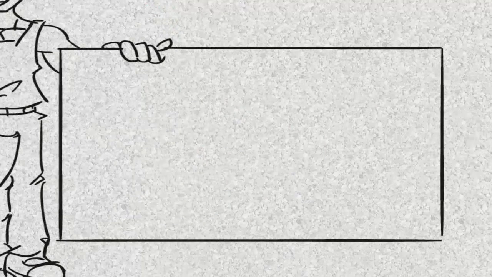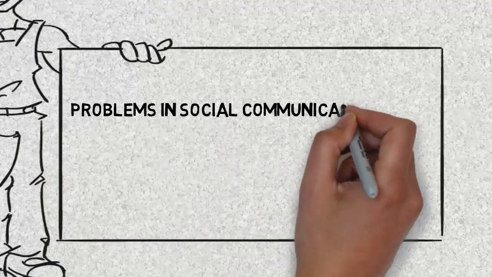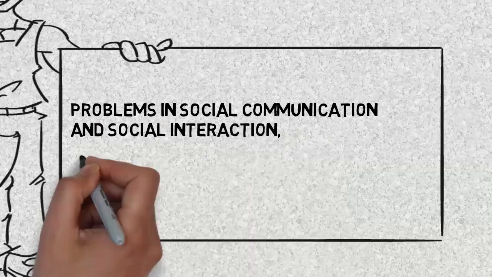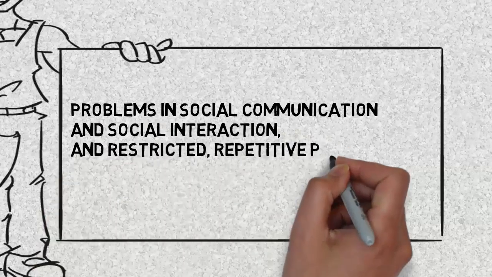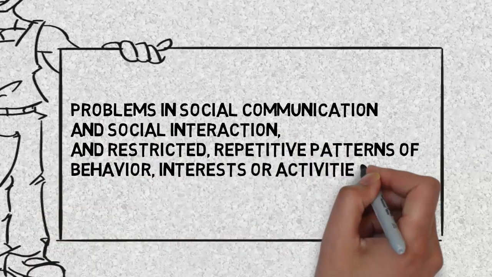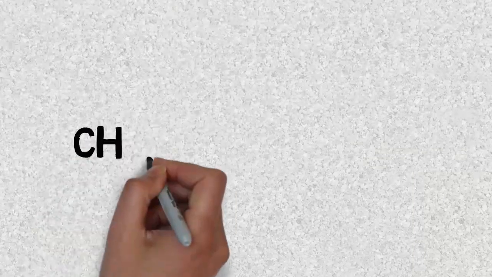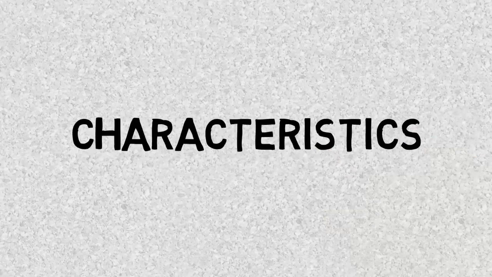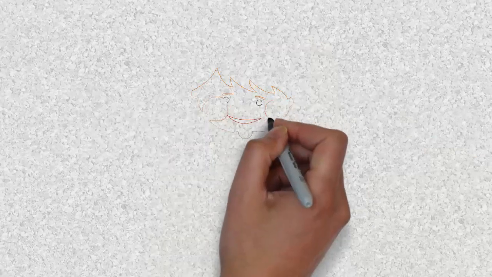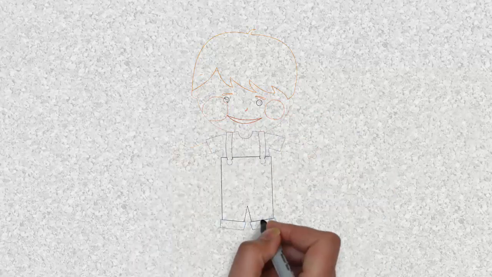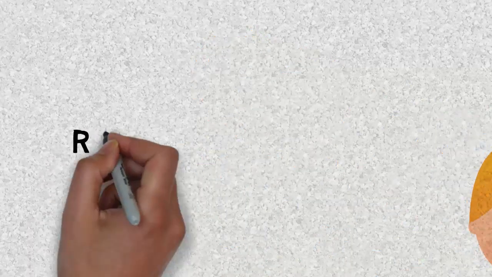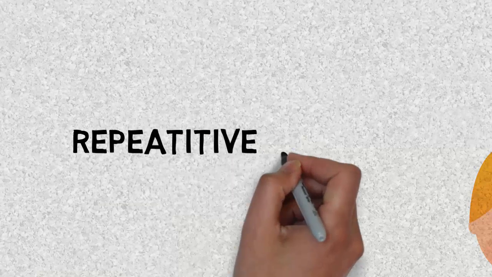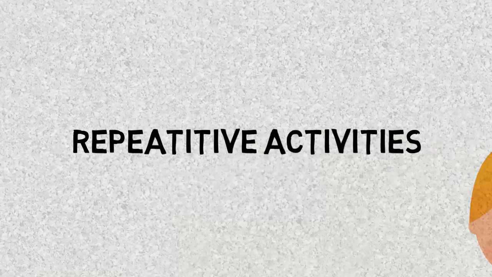According to the definition, it is a disorder with problems in social communication and social interaction, and restricted, repeated patterns of behaviors, interests, or activities. Characteristics of this disorder might include that these symptoms mostly develop in children less than 3 years of age. The symptoms might include repetitive actions in daily life.